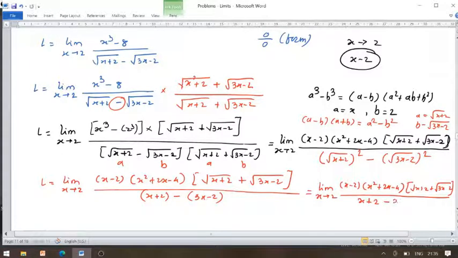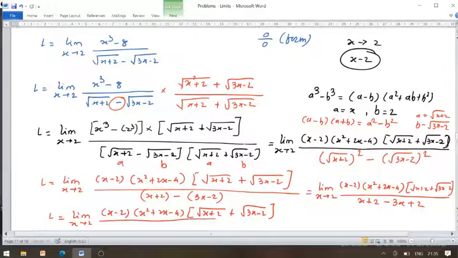Minus plus becomes minus 3x, minus of minus becomes plus 2. So after simplifying the denominator, limit as x tends to 2, as it is, (x minus 2) into (x square plus 2x plus 4) into root of (x plus 2) plus root of (3x minus 2), whole divided by.